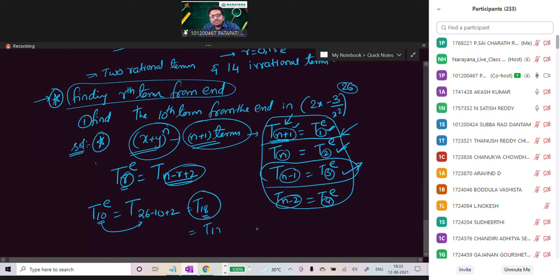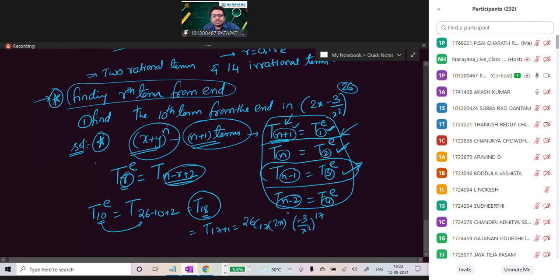So T17 is 26C17 (2x) whole power 26 minus 17 times (minus 3 by x square) whole power 17. 26 minus 17 is how much? 9, right? Is it okay or not? See, you don't need to remember a lot of things. Most of the things will be easy if you apply your common sense.